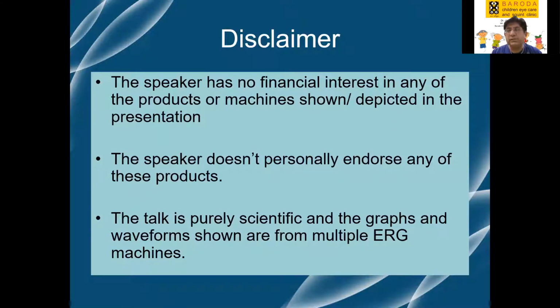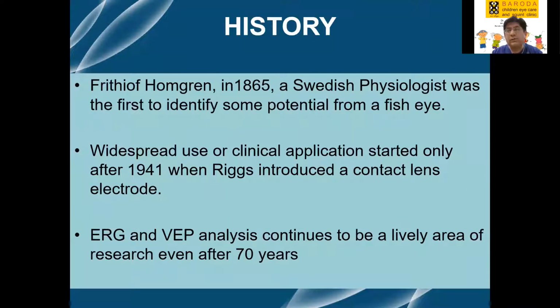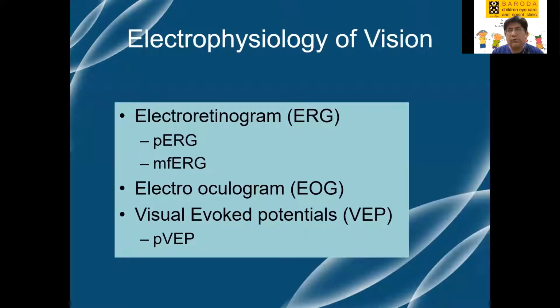So this talk is basically on what pattern ERG is and how pattern ERG can help in diagnosing early glaucoma patients. This is just a brief about the history of electrophysiology, and it was way back in 1865 that it started. And now basically the whole portfolio of electrophysiology would include these things.